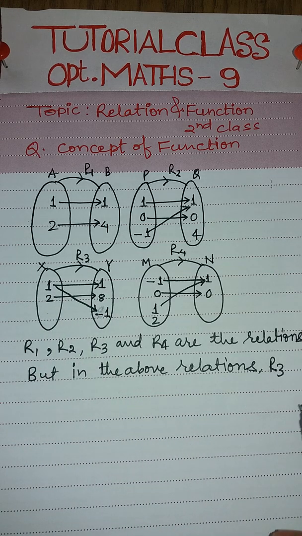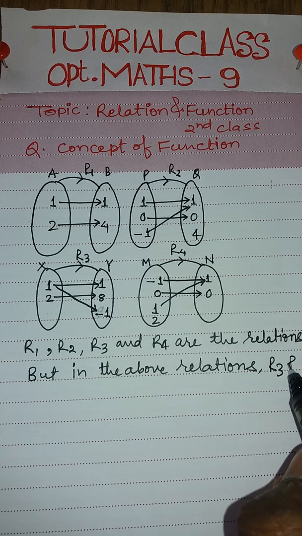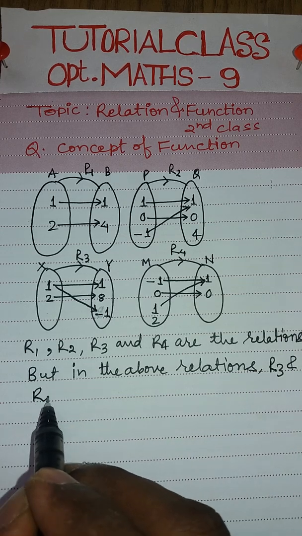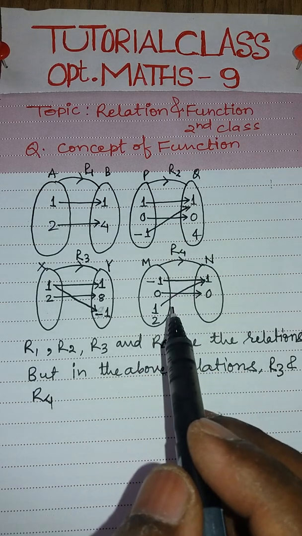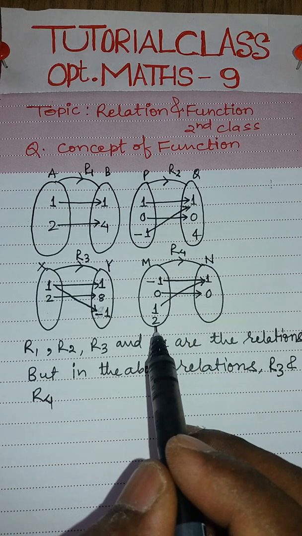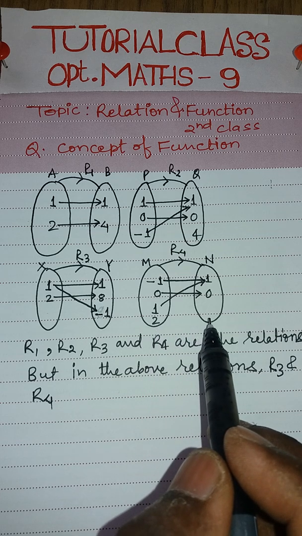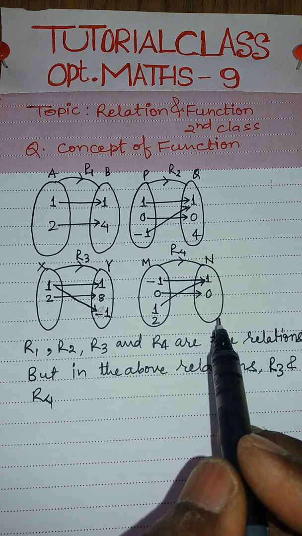And when we see R4, see here R4 also, here 2 is here, which has no image in the second set.